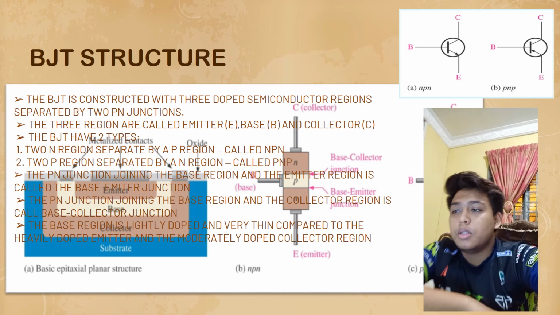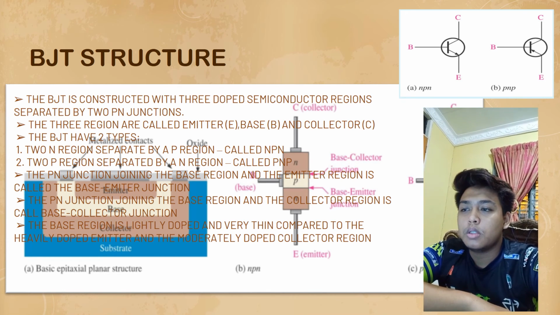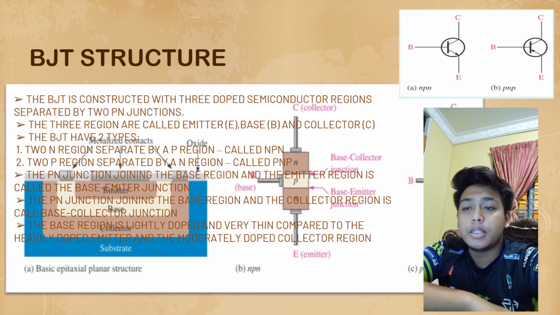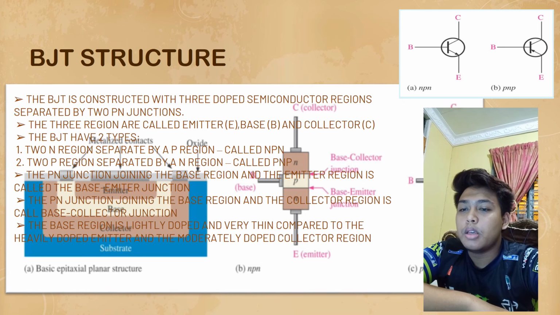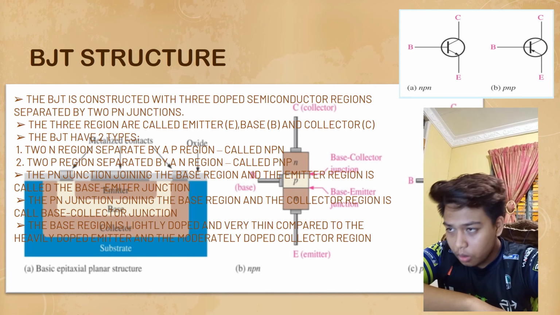BJT structure. The BJT is constructed with 3 doped semiconductor regions separated by 2 PN junctions. The 3 regions are called emitter E, base B, and collector C. The BJT has 2 types. First, 2 N regions separated by a P region, called NPN.